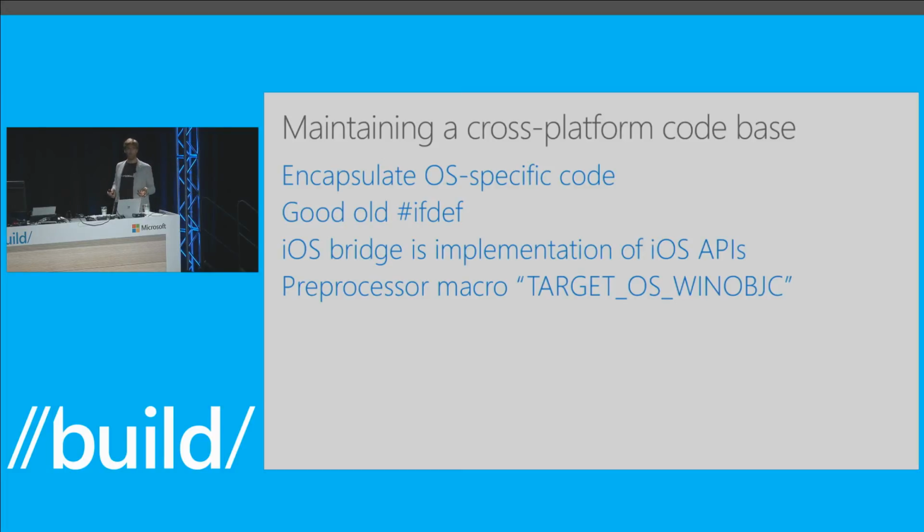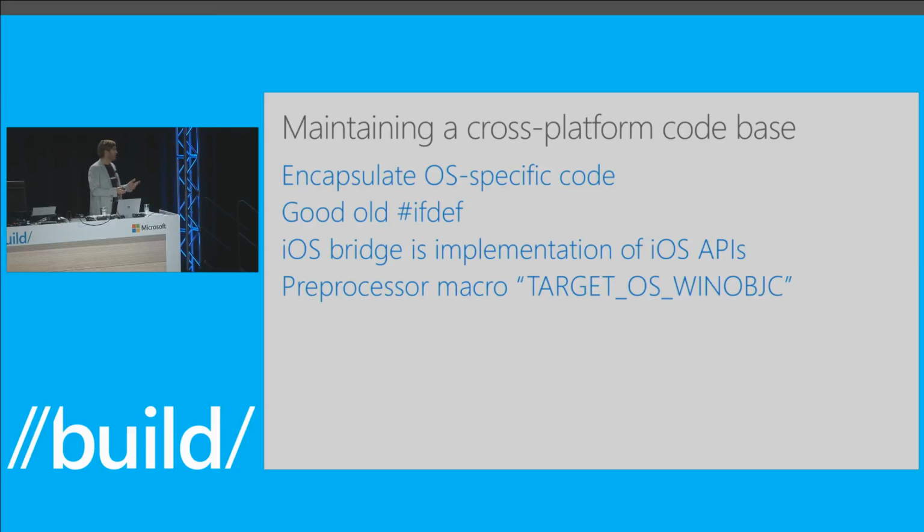So if you're checking already for things like TARGET_OS_IPHONE, you might want to check also for the Windows build. For this, we added a preprocessor macro called TARGET_OS_WINOBJC, that's how we called it, to denote the Windows build using iOS Bridge.